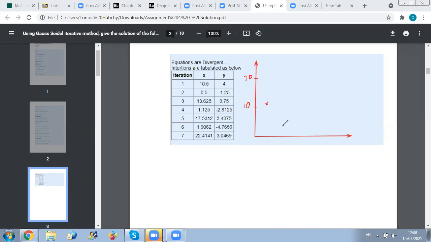Then for the second iteration, you drop to 0.5. And for the third iteration, you have another jump to a higher value, which is 13. So it's nearly here. And then at the fourth iteration, you are back to lower values, 1.125.